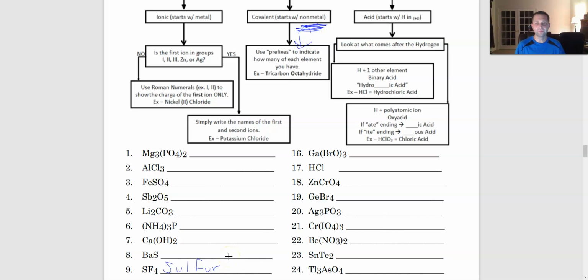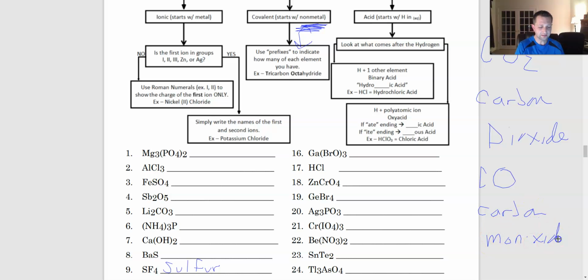There's only one of them, okay? So it does say to use the prefixes to indicate how many, but you don't use the prefix mono on the first word. We've done something like this before. So if you have CO2, that's carbon dioxide. All right. If you have CO, that's carbon monoxide.